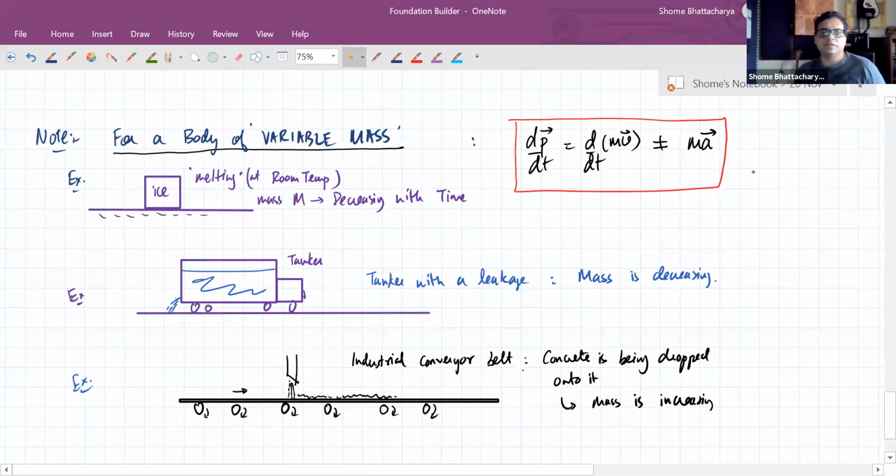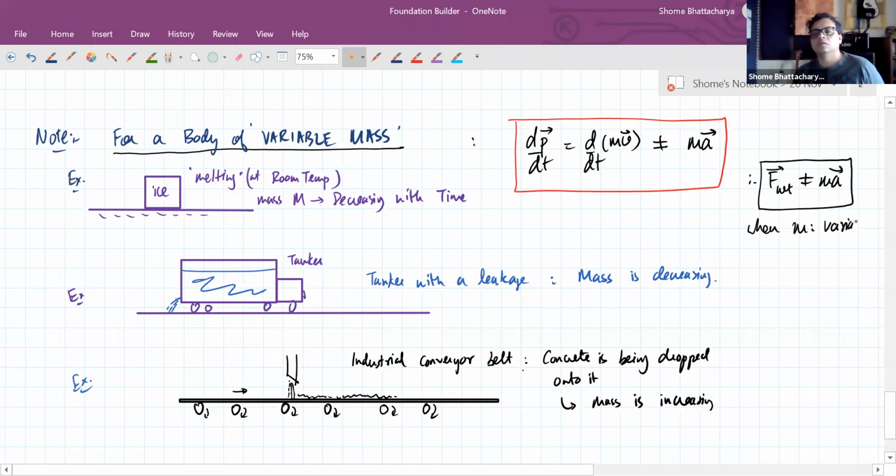So these are the exceptions where we cannot say net force is equal to mass into acceleration. This is not true when mass is variable. And these are some of the examples of variable mass systems.